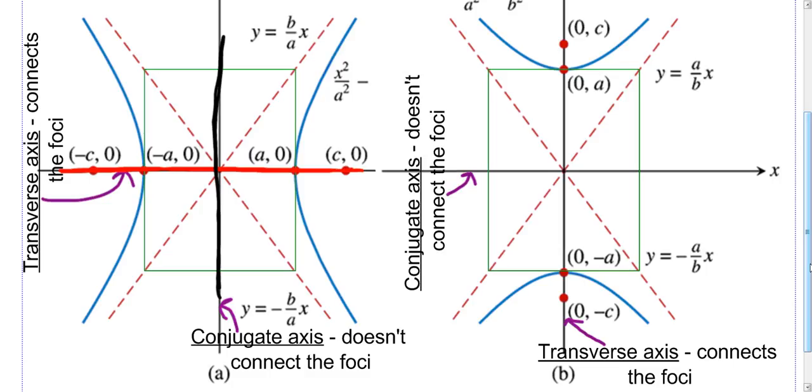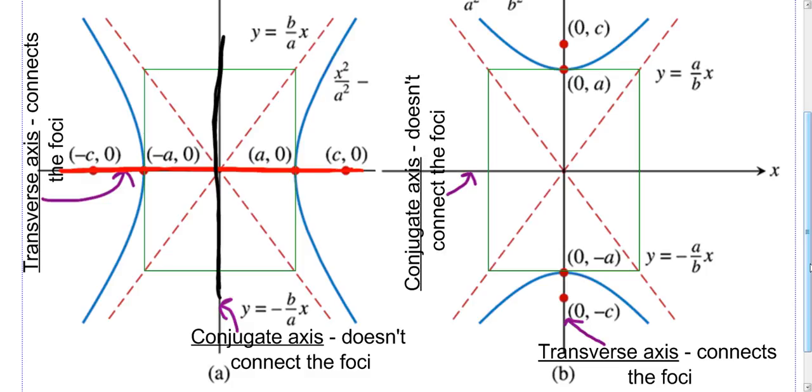What's a little bit confusing with hyperbolas is that the transverse axis does not need to be longer than the conjugate axis. With ellipses, the major axis, the one that connected the foci, was always longer. With hyperbolas, the one that connects the foci does not have to be longer, but it is called the transverse axis, just so you know.